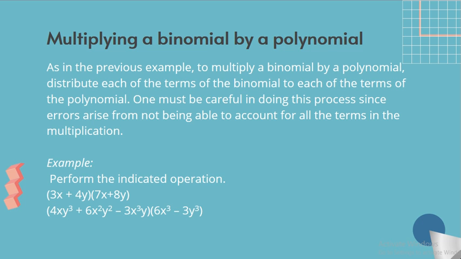Okay, so for us to easily distribute this one, we can reverse the two polynomials here. Or it is also okay even like this. It is up to you, as long as the terms are correct, it is okay.